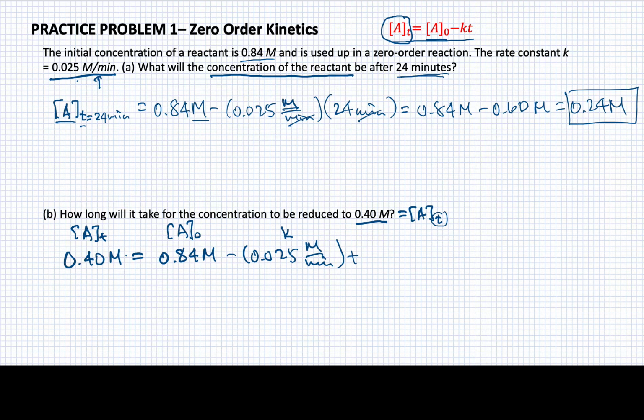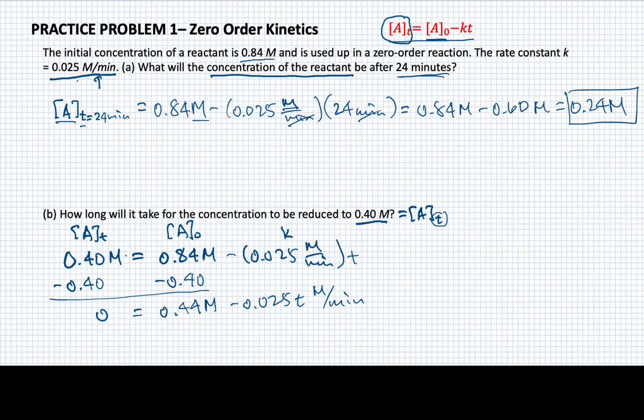Now, in order to solve this, we'll need to rearrange this a little bit, so we'll subtract 0.4 from both sides, and that will give us 0 is equal to 0.44 molar minus 0.025 t molar per minute.